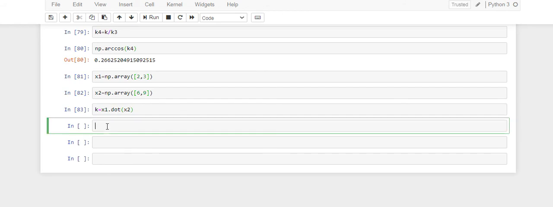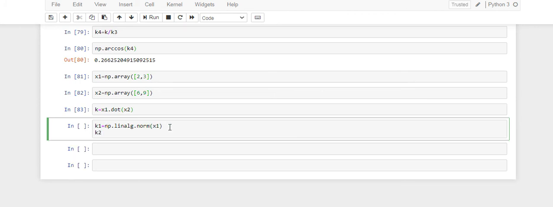Let's calculate the norm of x1 and x2 and put them into k1 and k2. So k1 is equal to np.linalg.norm of x1. Same for x2, k2 is equal to np.linalg.norm of x2.